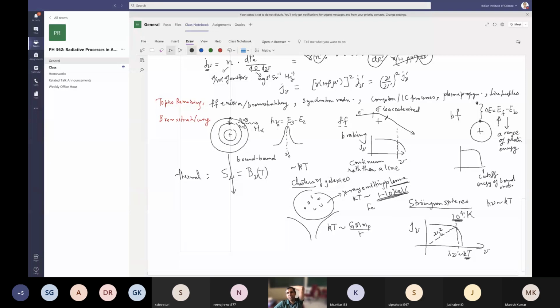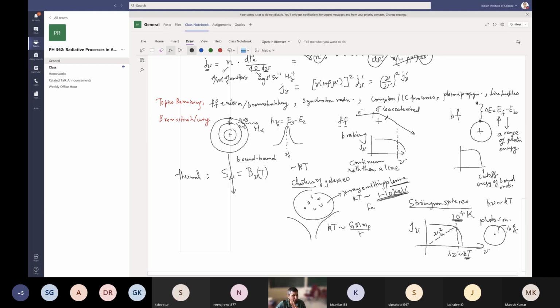Whereas in Stromgren spheres, the plasma is at 10 to the 4 Kelvin because of photoionization. The photons from massive stars ionize the surrounding regions, and this gas is at 10 to the 4 Kelvin. Okay, good question. Anything else?